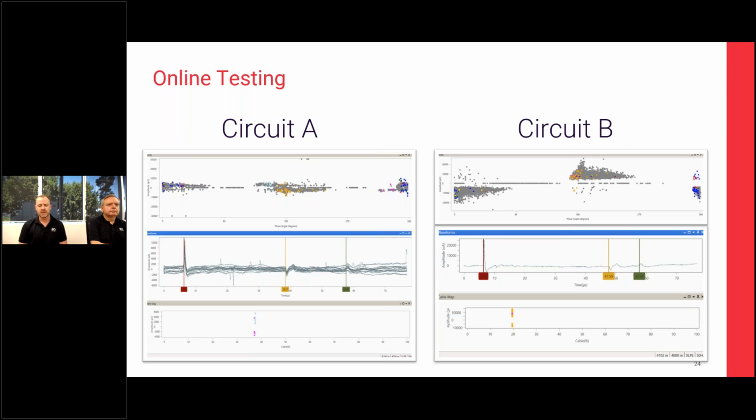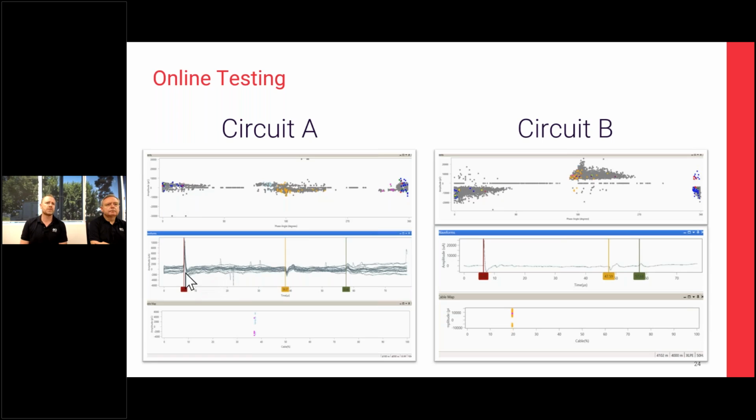It can be done at any time, as long as we have access to the screens of the cables, as Neil mentioned earlier. The outcome of that test was that on circuit A, we found PD at approximately 40% of the cable's length, which can be seen on the left-hand side here. We see PD clusters along the sine wave, 180 degrees apart.